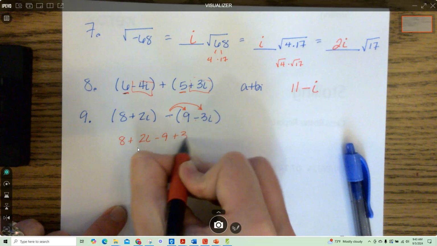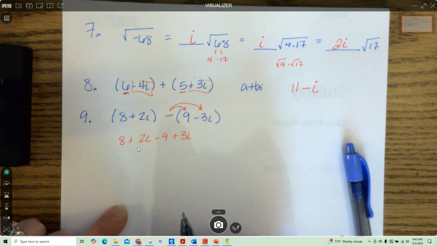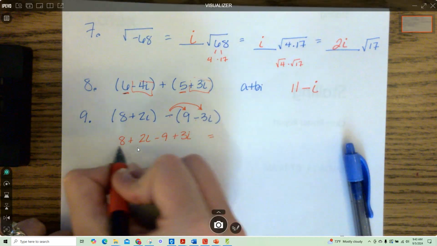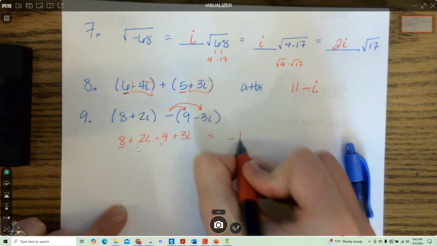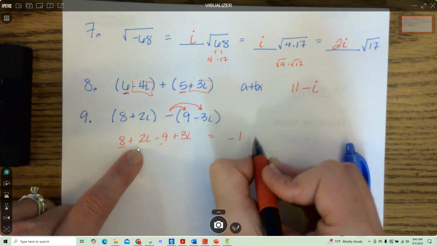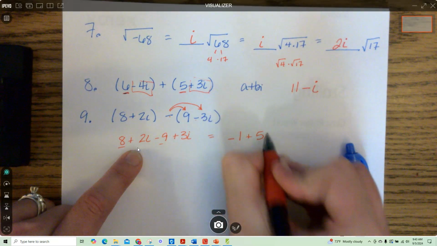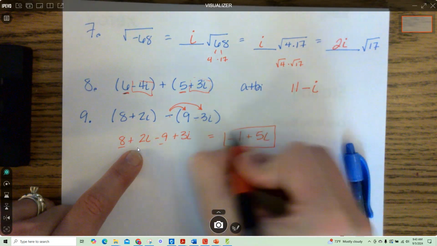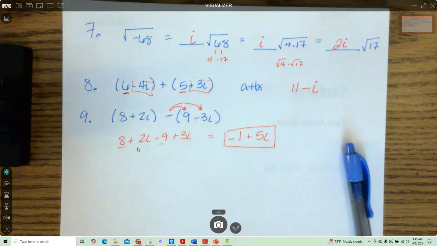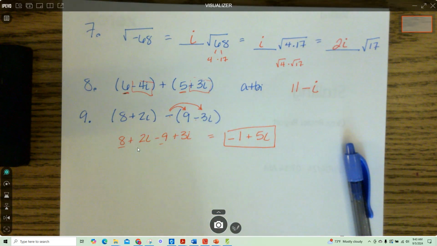Negative 3i makes a positive 3i. So 8 and negative 9 makes a negative 1. 2i and 3i makes a 5i. So just be really careful with your signs on ones like that.